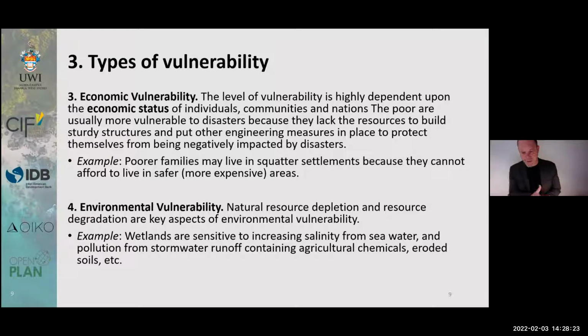They usually decide to build their homes in flooding areas, and they usually can only build their structures with poor quality, and this is what is implied under the concept of economic vulnerability.